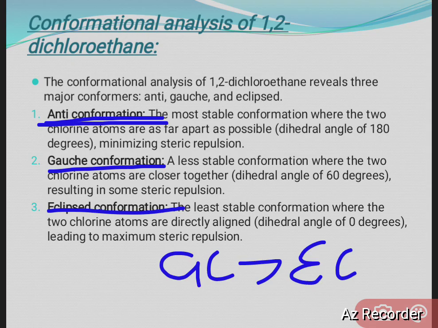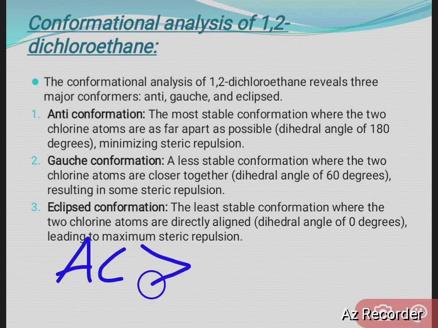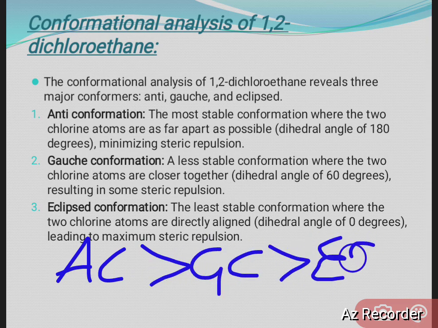Hence there is less repulsion. Due to that, the anti-conformation is the most stable conformation. So the order of stability is: anti-conformation is more stable than the gauche conformation, which is in turn more stable than the eclipsed conformation.